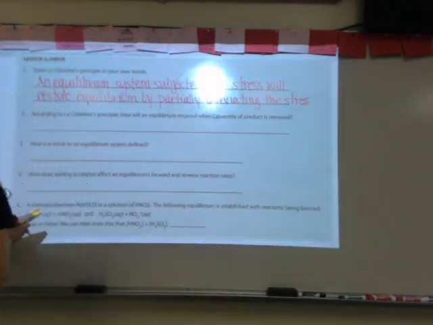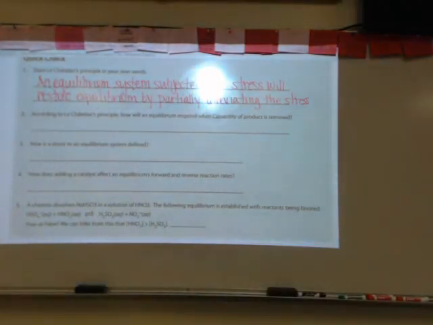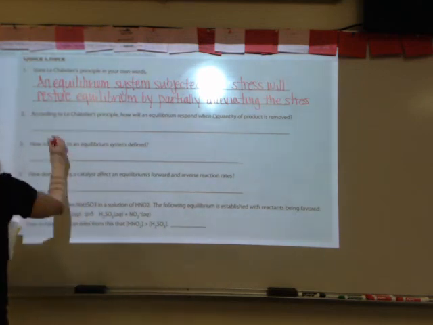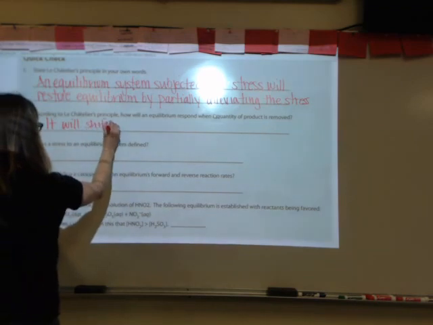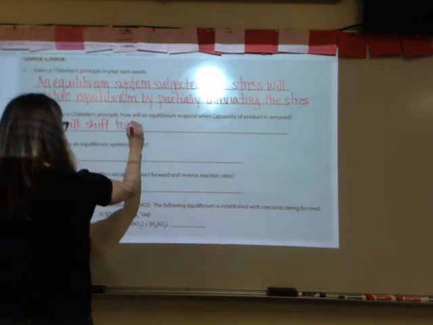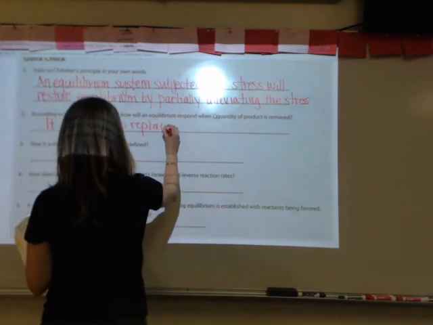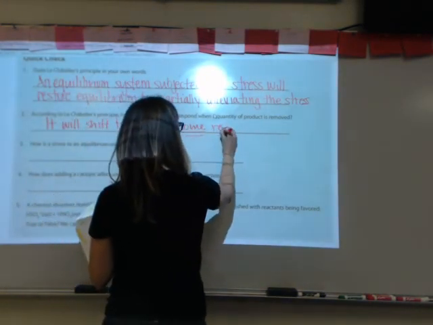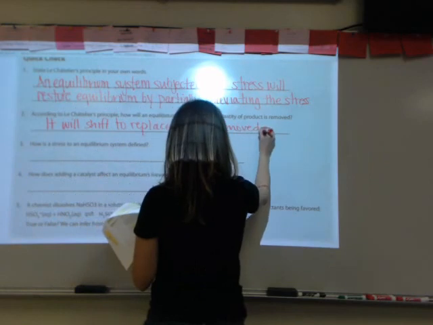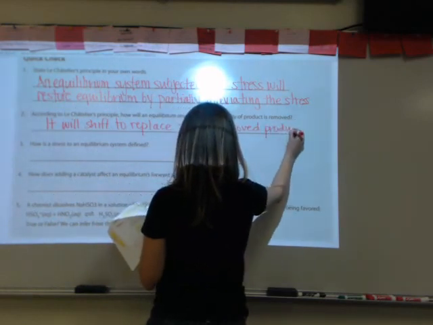Number 2, according to Le Chatelier's principle, how will an equilibrium respond when a quantity of product is removed? Well, it will shift to replace some removed product. Emphasis on some.